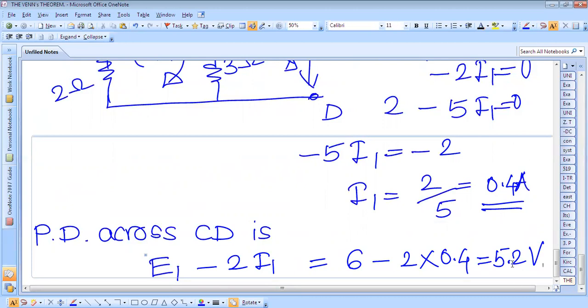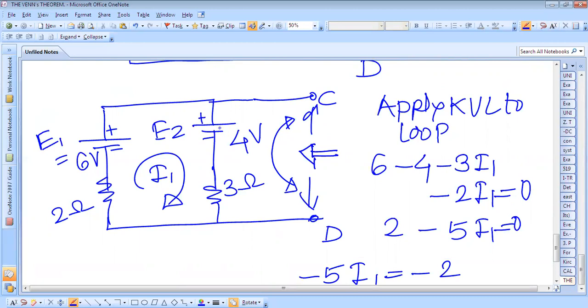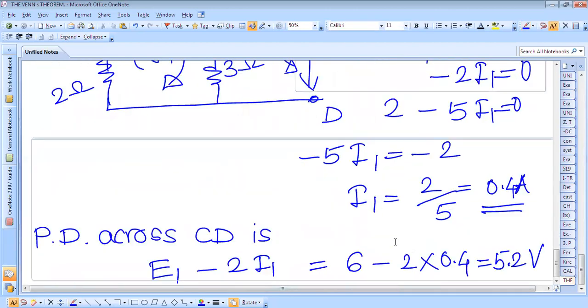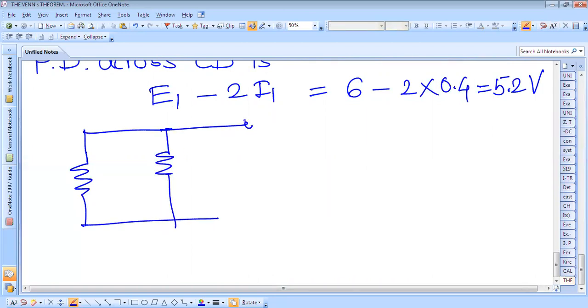Now we have to find the total resistance from this open circuit, or we can say the internal resistance. For that we have to replace the EMF sources by their internal resistance. There is no internal resistance mentioned here, therefore we just replace them by a short line. For measuring the internal resistance of the circuit, we replace the EMF source by a short line and view from this terminal, with this 2 ohm and this 3 ohm.